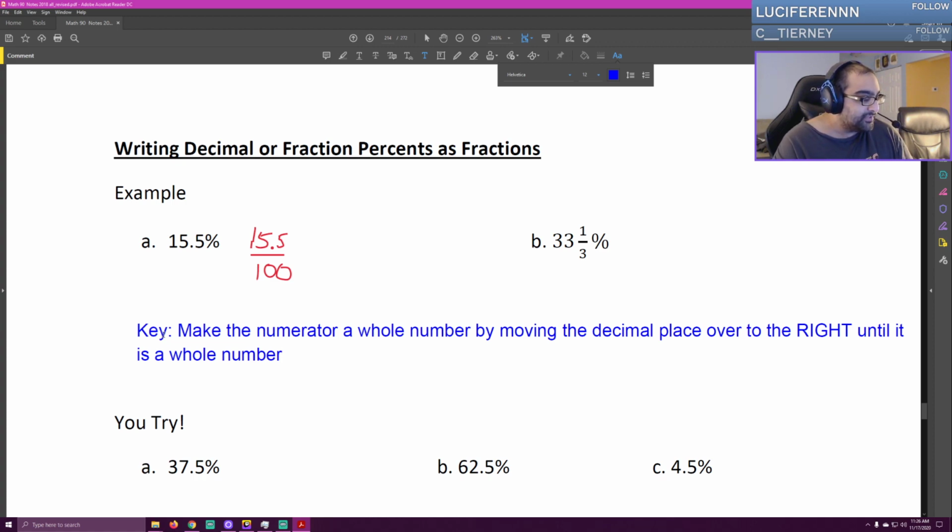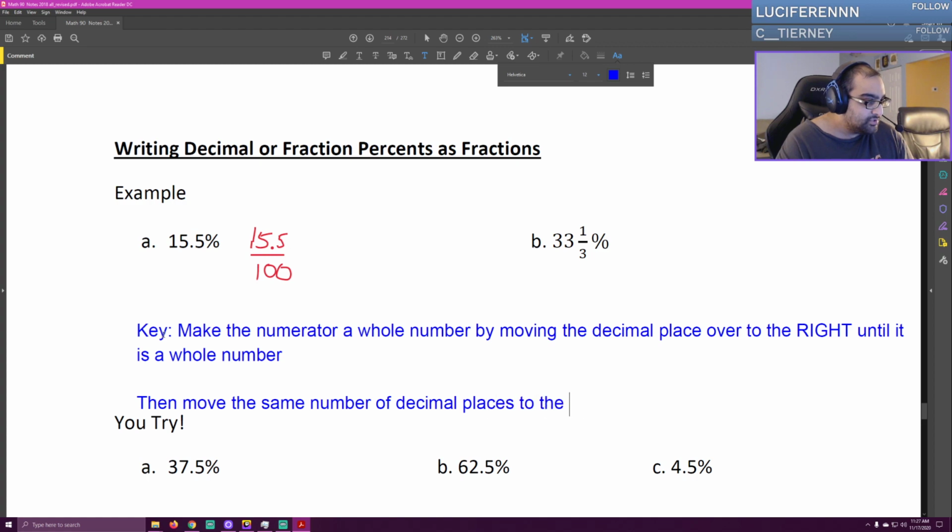Then, there's a second part here. Then, move the same number of decimal places to the right for the denominator. So this is going to be our key for this example here.